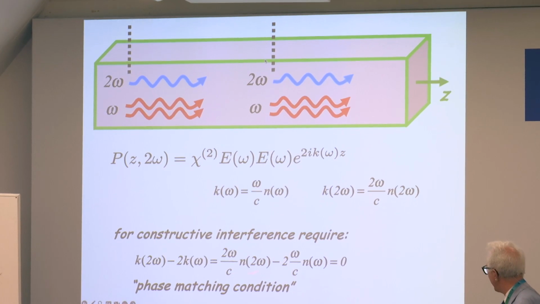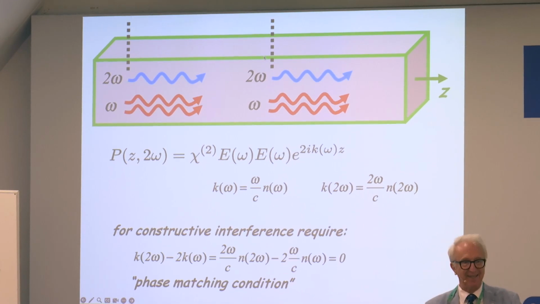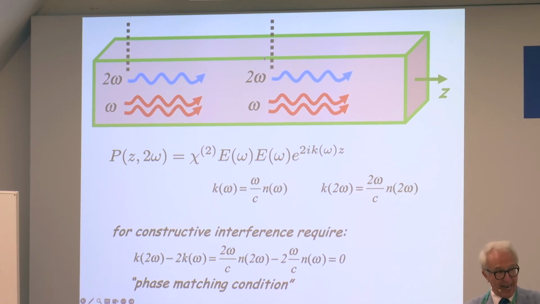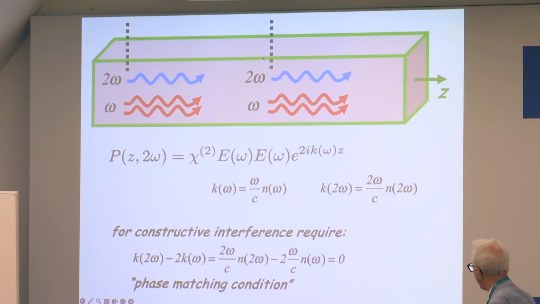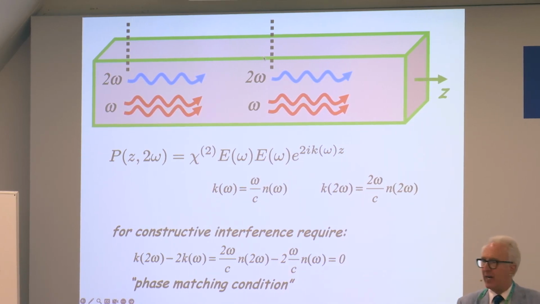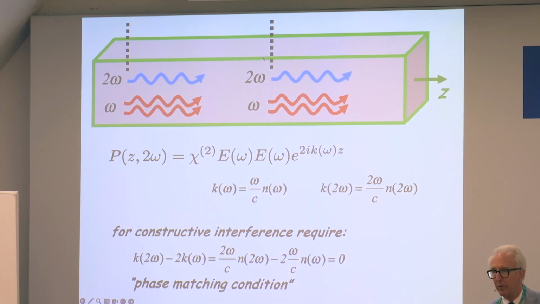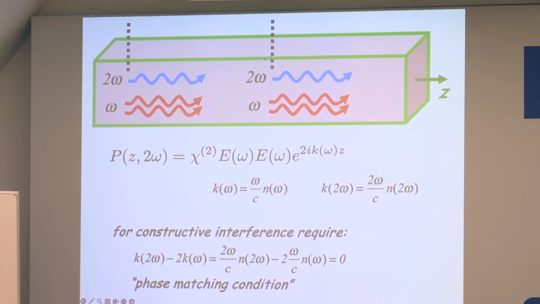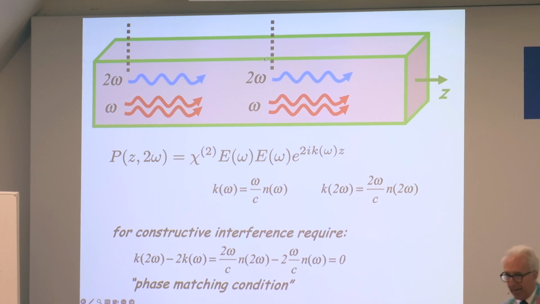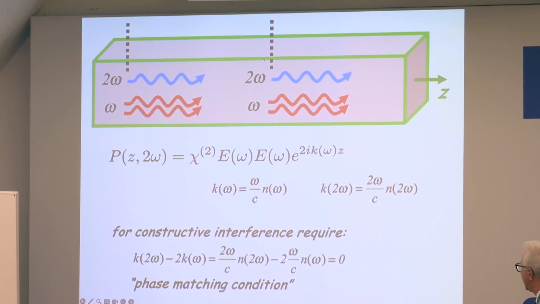One of these indices might correspond to one axis and the other might correspond to another axis, and you can get this phase matching condition to work. There are other strategies that I won't go into, but for a lot of nonlinear processes, not all, but a lot of them, you have to worry about something like a phase matching condition to have that satisfied.